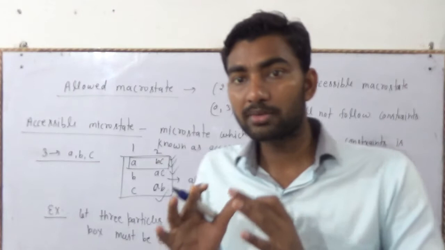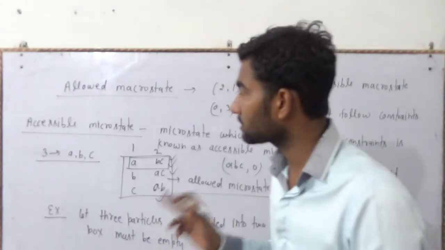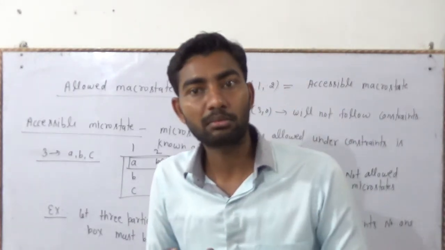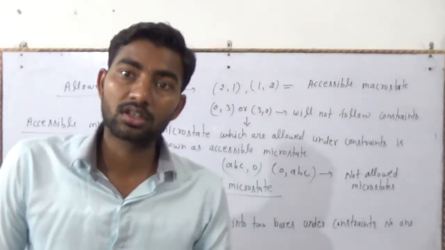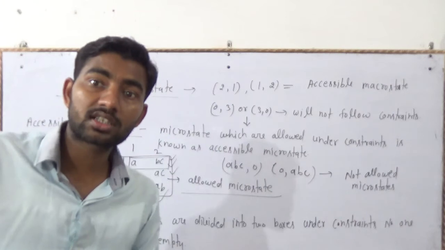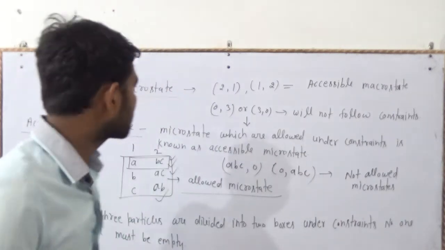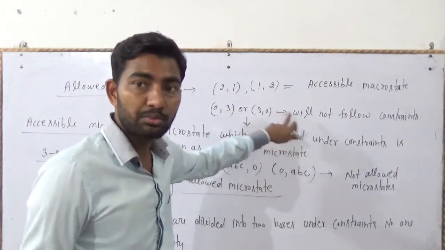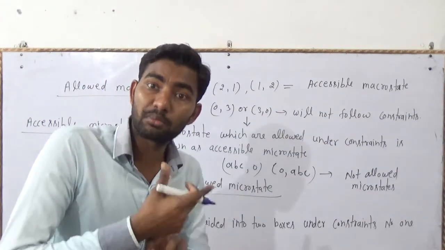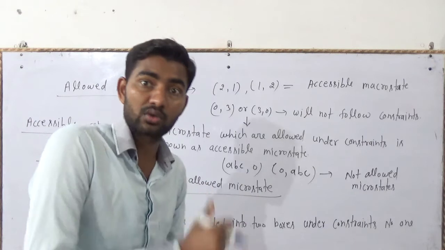Now we will talk about the inaccessible microstate. 0, 3 and 3, 0 will be inaccessible microstates, which are not allowed.